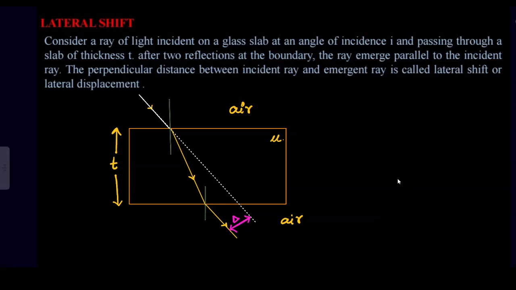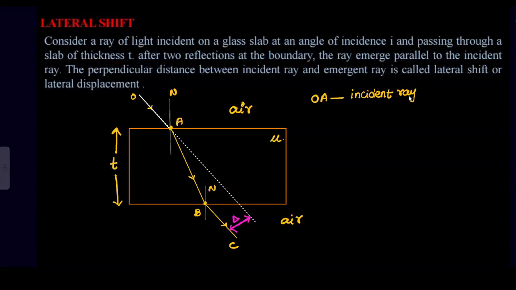Here, if we talk about these points, this point is A and this point I'm calling B. So this is OA, this is AB, and this is BC. N is a normal, this is also a normal. Now what is OA called? OA is the incident ray.